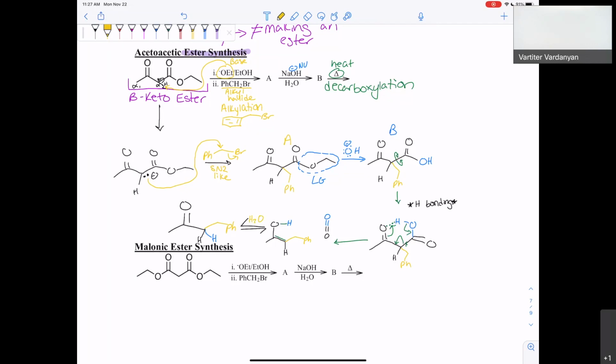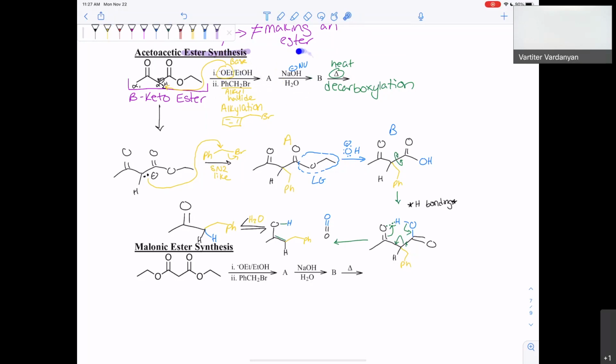I know this is a kind of long, complicated reaction, but hopefully we can eventually just break it down and look at the steps. The first one is an alkylation, so whatever is under the arrow, we're adding to the alpha position.